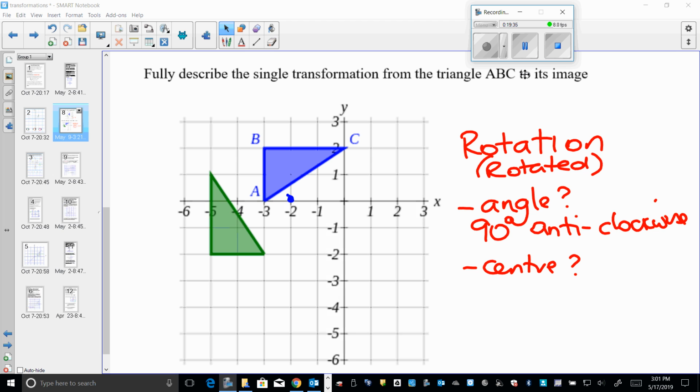If you don't get it, how many marks have you lost? Just 1 mark. So it's not going to be worth spending 20 minutes and then not finishing the test just to try and find the centre of rotation. Do you all understand what I'm saying to you? Yes? So please, please, please, if you have one of these, do not spend a long time.